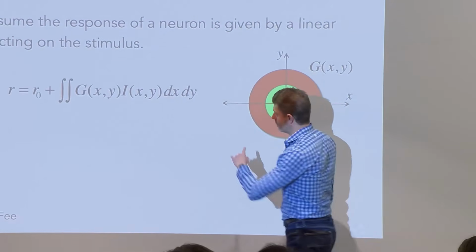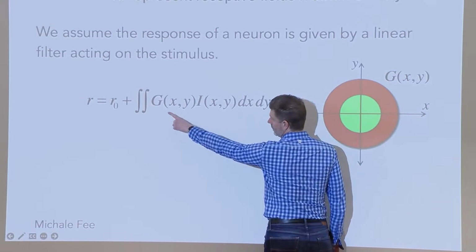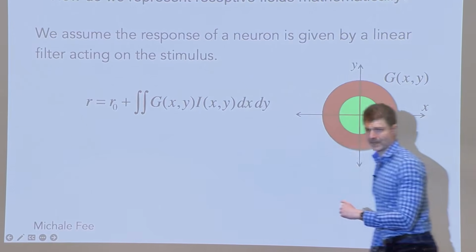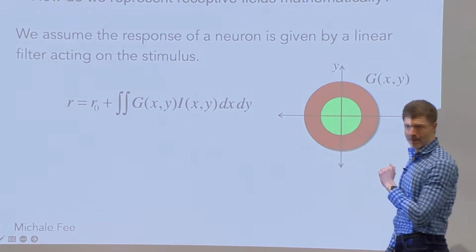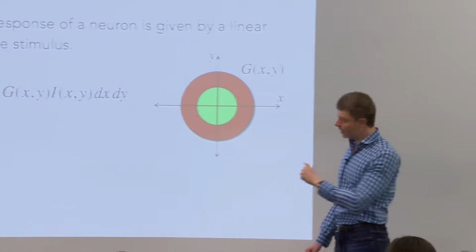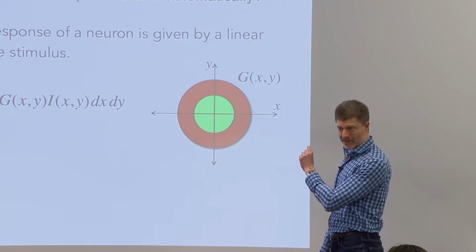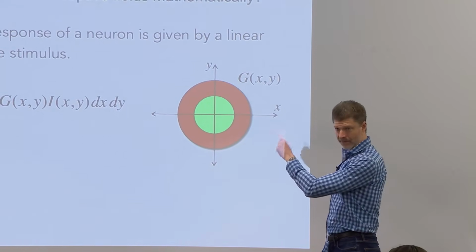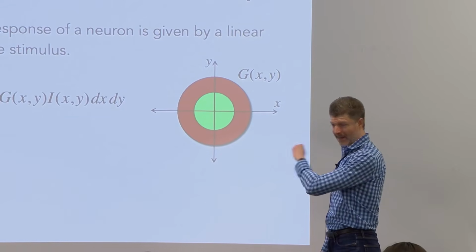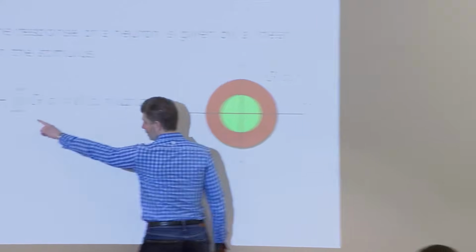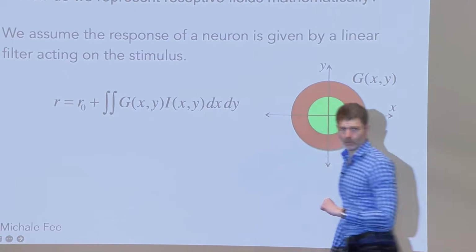Then we're taking the dot product of the filter and the image. What does that mean? It means that at every point in this spatial array, we take the product of the image intensity and the filter coefficient, and then we add up all those products. That's what this double integral with respect to both x and y is.